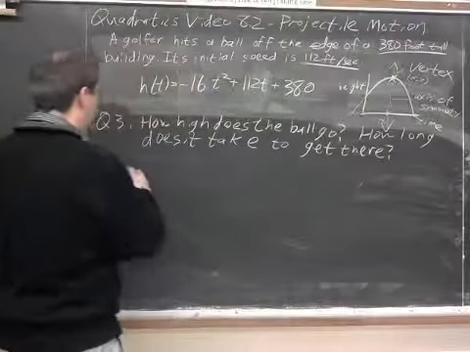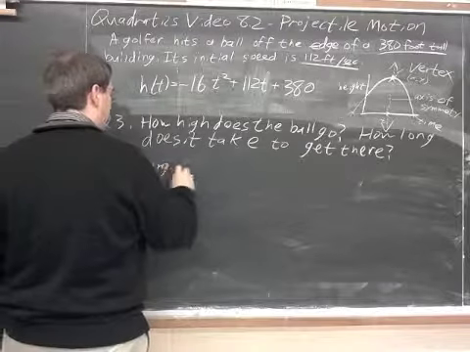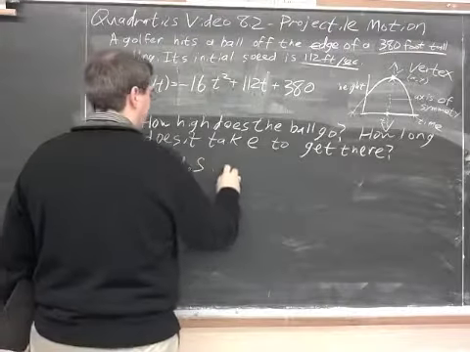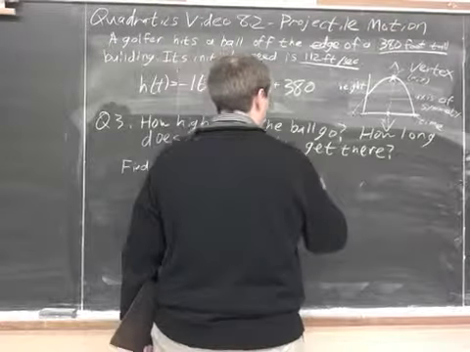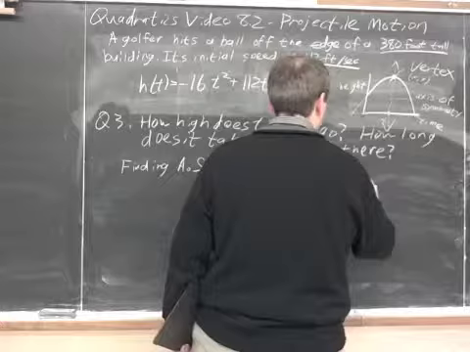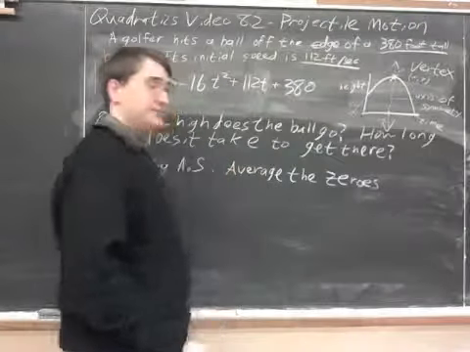So strategy one for finding the axis of symmetry: average the zeros. Take the zeros, add them up, divide by 2.